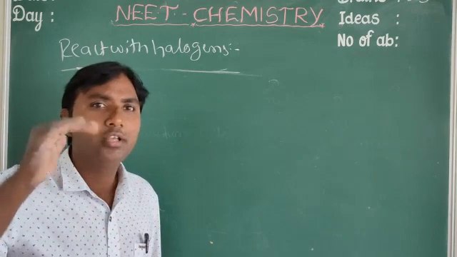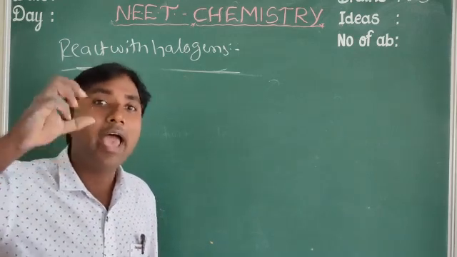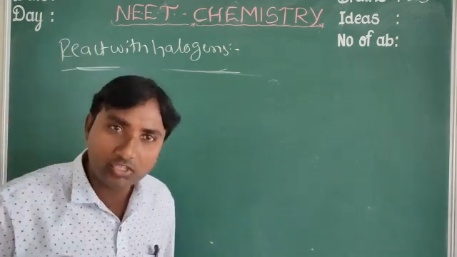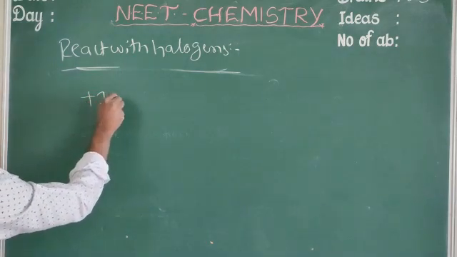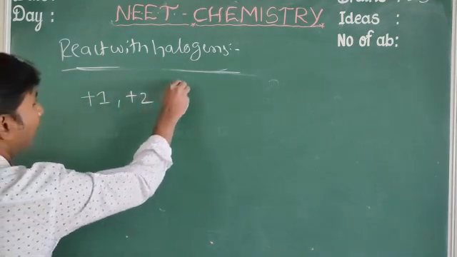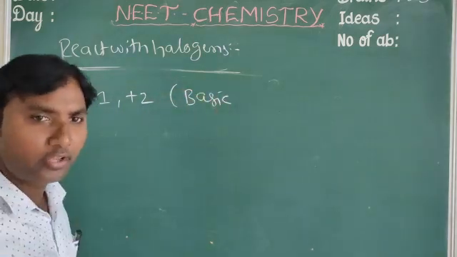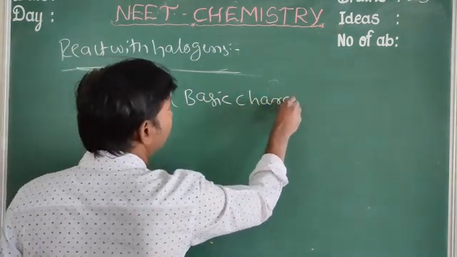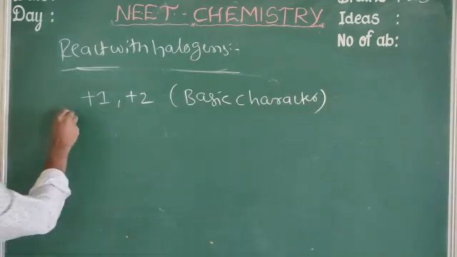Intermediate states like +3, +4 have amphoteric nature. That's why +1, +2 should be basic character, whether oxides, fluorides or any halides.